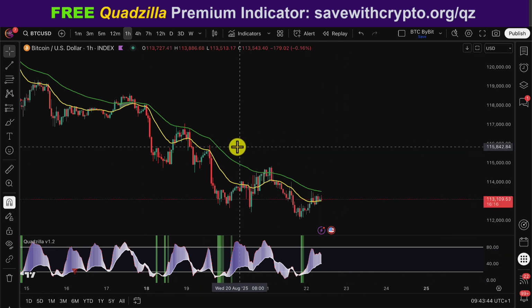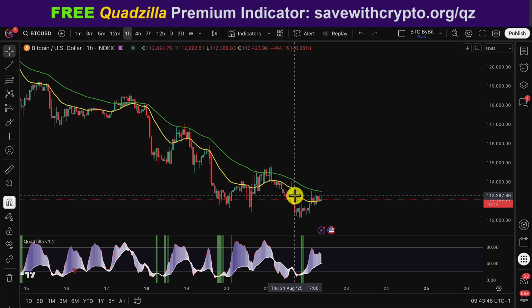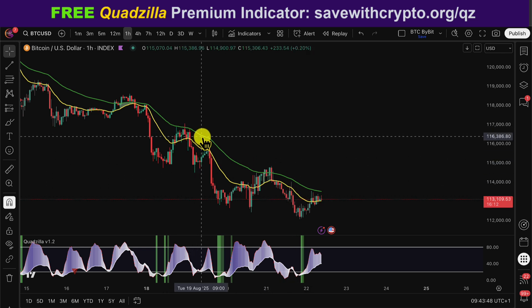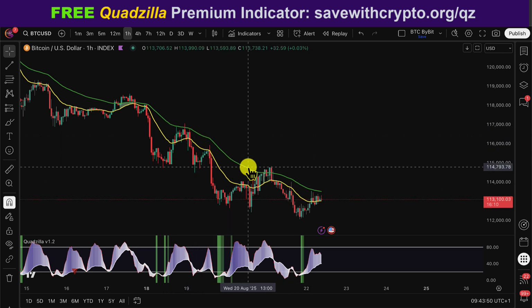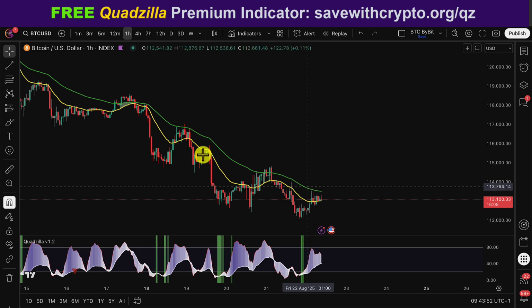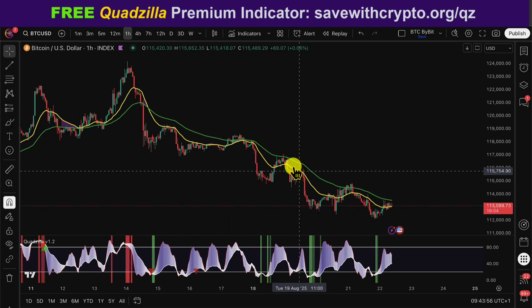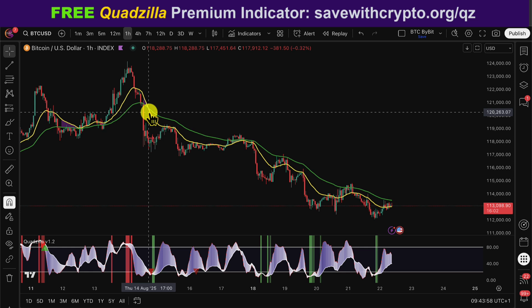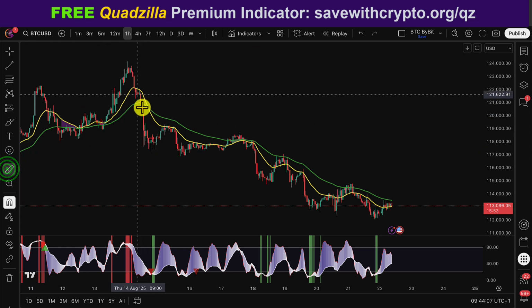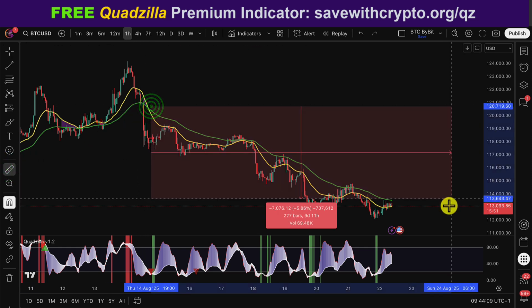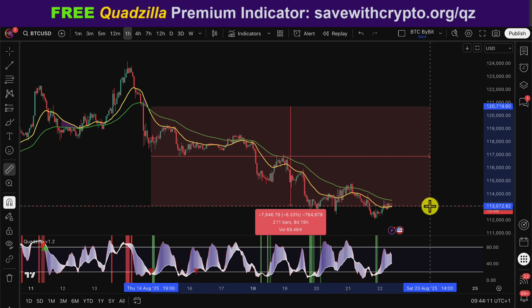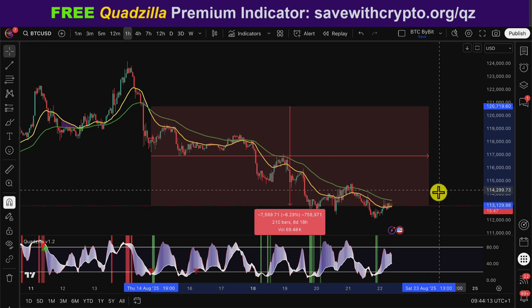But for the moment, let's just look at these moving averages, because you can see here that on Bitcoin, the green 55 EMA has been coming down, and the yellow 21 EMA has been coming down, and these crossed over here on Thursday last week. Now, when that happens, it's normally a very bearish sign, and indeed from there we've actually come down. What would that be? That would be about 6% to where we are now.